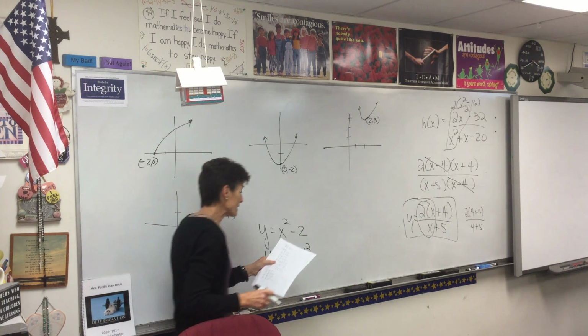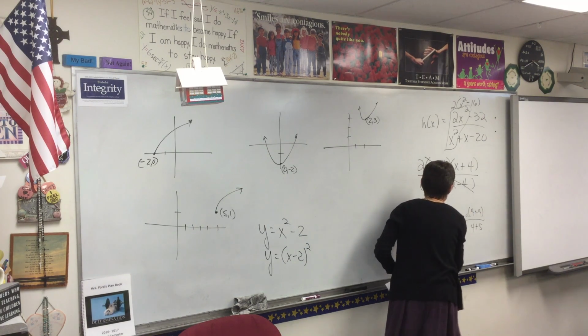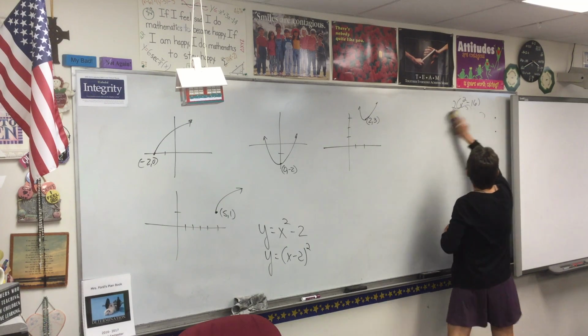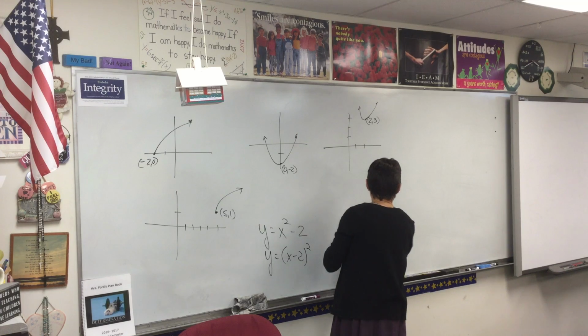All right, now E is a piecewise function. So we already graphed one of these today, but let's do this one. Make sure we got it. All right, so here we go.